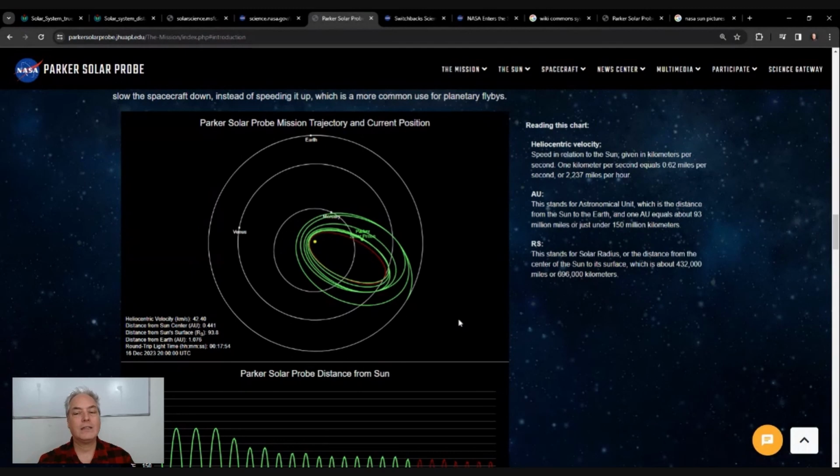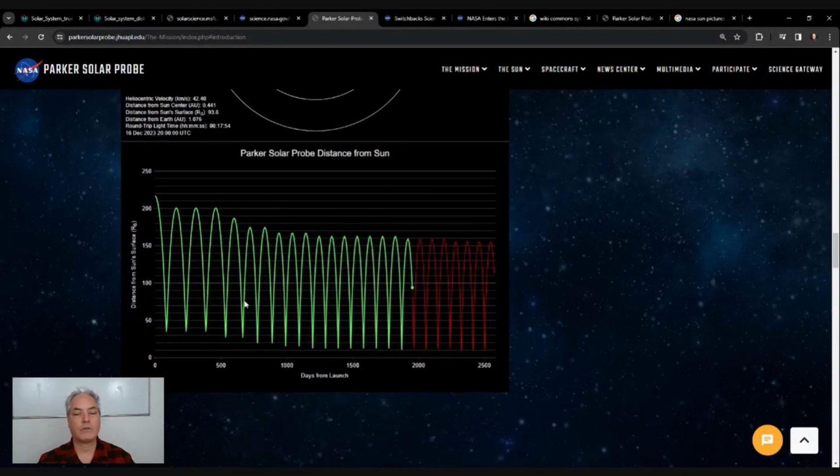And then it created a situation where we could have a specific orbit. And here, there's another great graph where, as the days are progressing, we could see the distance from the sun. Here, when it started, was the furthest. And here we have the orbit going closer to the sun, furthest from the sun, closest. And after 7 orbits, we were able to get a fairly consistent orbit around the sun.